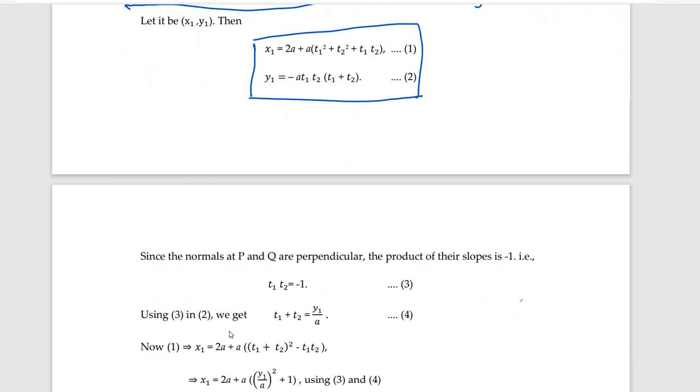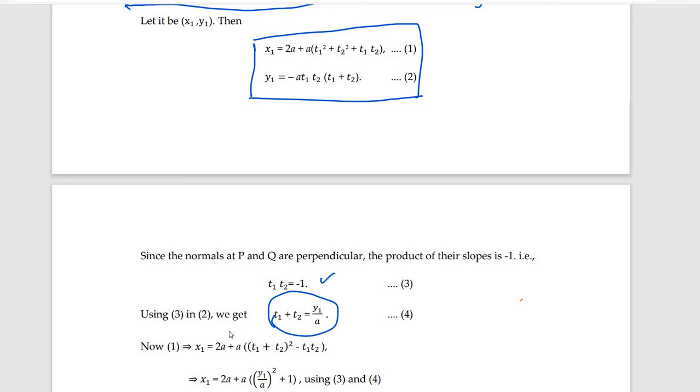Right. Now using this in equation 2, t1 t2 is replaced by minus 1. So y1 is equal to t1 plus t2 into a, or in other words t1 plus t2 is y1 by a.